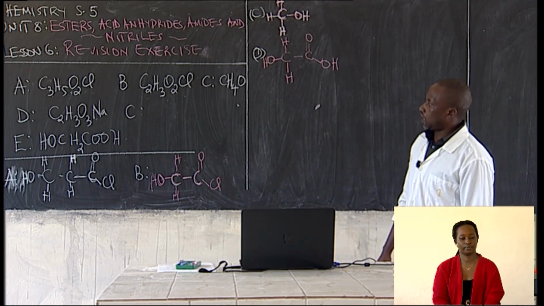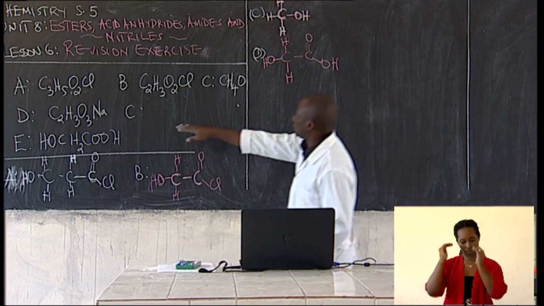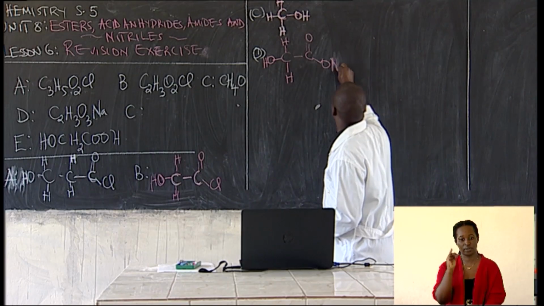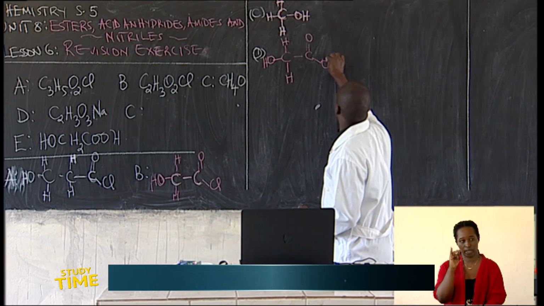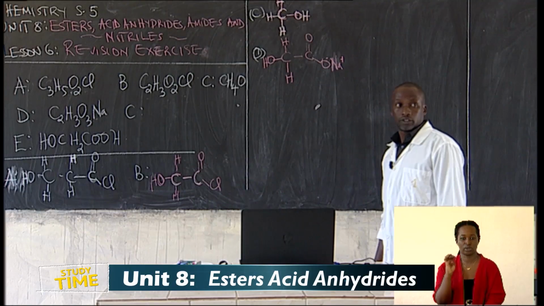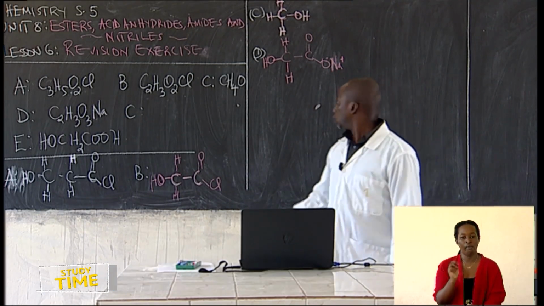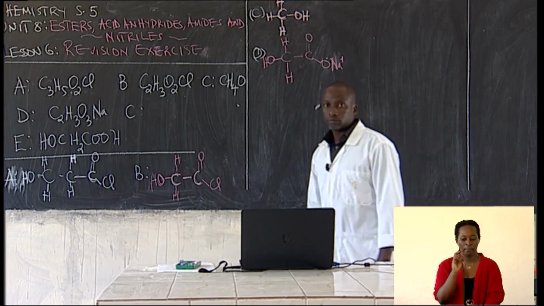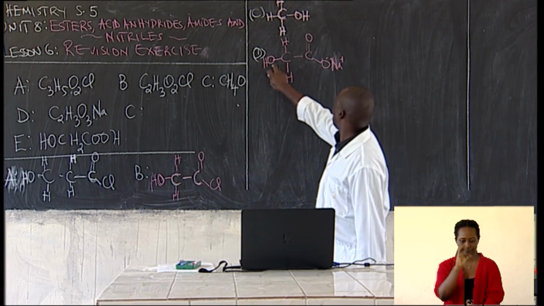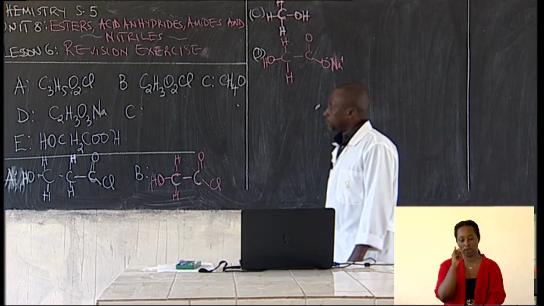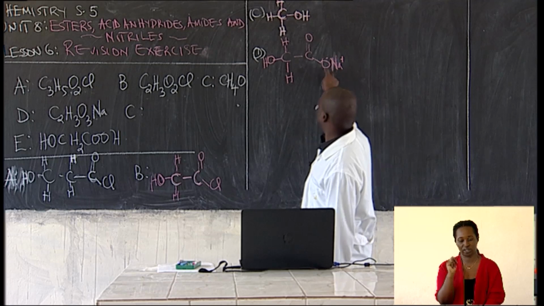That is the structure of compound D. D has the sodium instead of the hydrogen. So this must be the sodium with the hydrogen. That must be a sodium salt of a carboxylic acid containing an alcohol. So this is 2-hydroxy, and it has to be with the sodium atom attached on this.